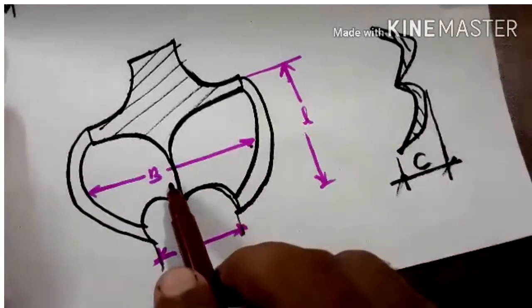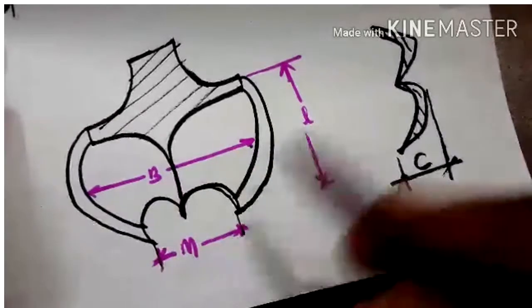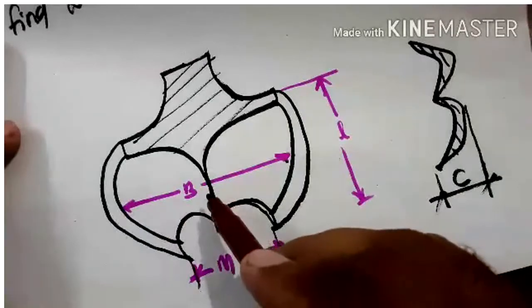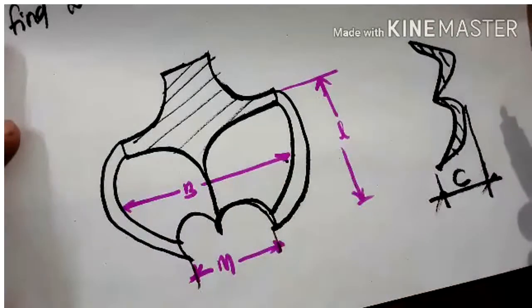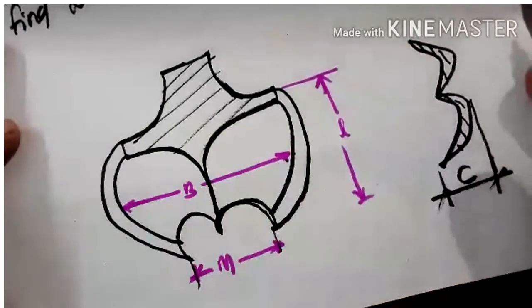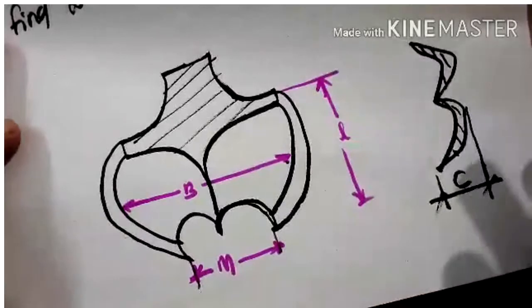So how much to be taken, this B, L or C, as I discussed previously. You have to express these things in terms of the diameter of the jet. I hope you understood this one. This is what we call the design of a Pelton wheel.